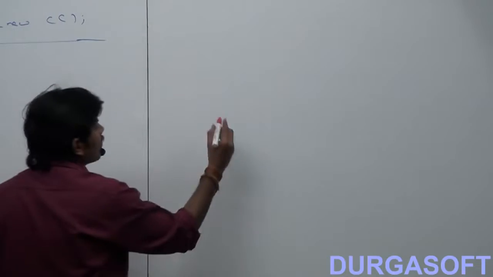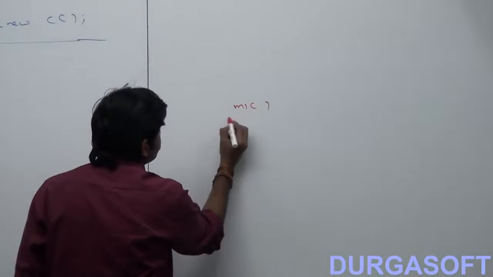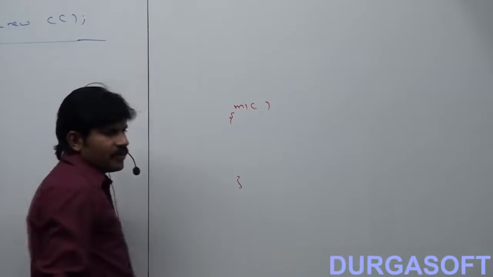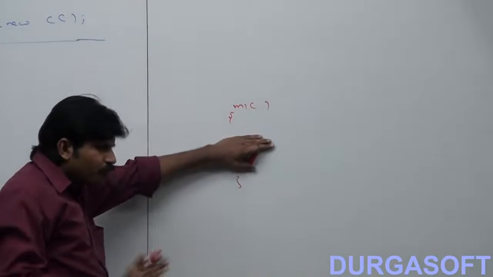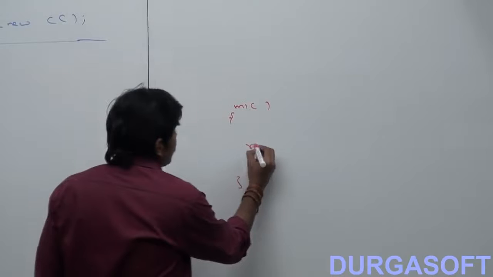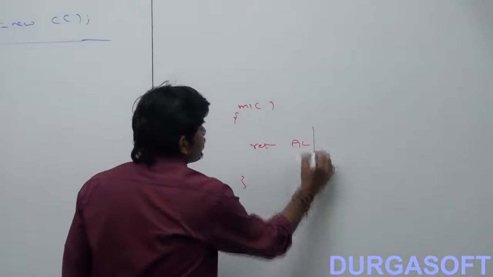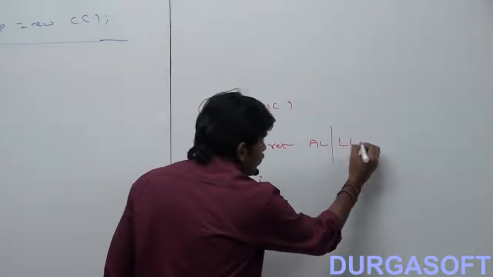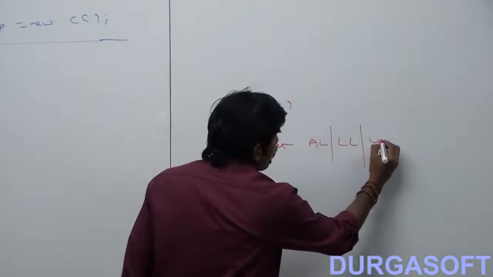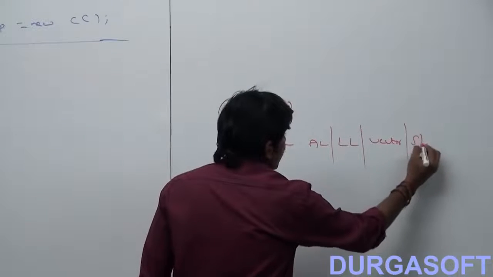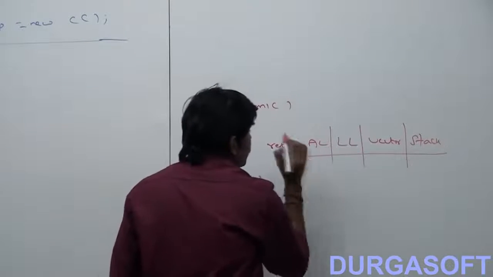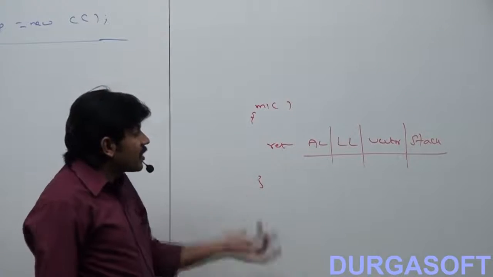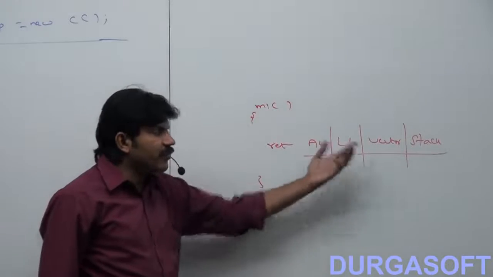Let me go for one more example so that you people can feel comfortable. Suppose I have one method m1. Within this method, based on processing, I may return an ArrayList object or LinkedList object or Vector object or Stack object. Based on processing, my runtime object may be ArrayList or LinkedList or Vector or Stack.